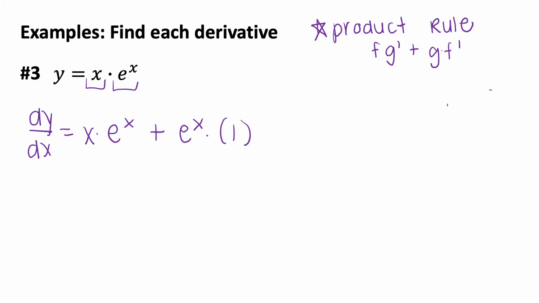So take a second and pause the video if you need to go back and see how this matches the first times the derivative of the second plus the second times the derivative of the first. To clean this up, we're just going to notice that we have an e to the x in both terms, so let's go ahead and factor that out. So we have dy dx, our derivative, is equal to e to the x times x plus 1.